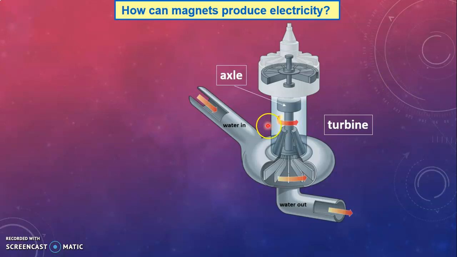Al girar esta turbina, yo voy a crear una corriente eléctrica. So, this is the electric generator. This is the coil's spin next to the magnet. The high voltage electric is generated.